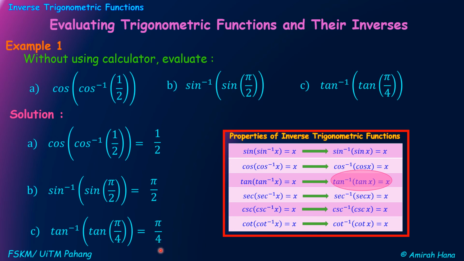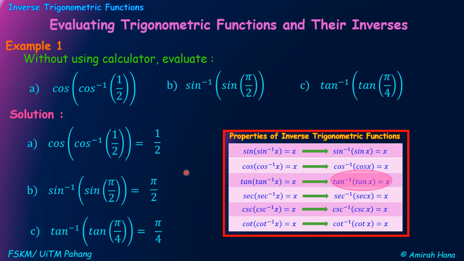From this example, every time we have a composite function between the same trigo function, one ordinary and one inverse, we can simplify and we get x.